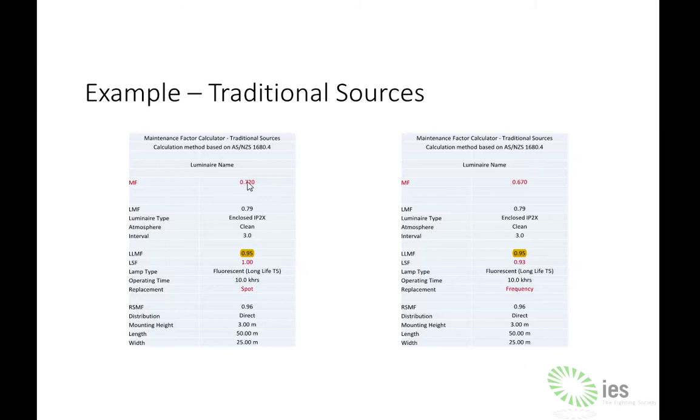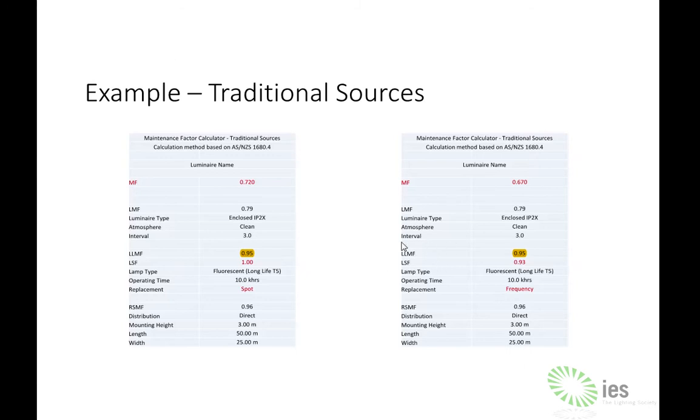You can see that our maintenance factor is between 0.72 and 0.67, depending on whether we use spot replacement or frequency replacement. Our LSF is really the thing that changes. Our LMF and our RSMF, and I'm going to get sick of saying them all night, stay exactly the same. You see that between 0.72 and 0.67, using this very typical fit out, we're all very familiar with how an open office would look, and those numbers were nothing extravagant. Hey, that's about the 0.7 that a lot of people quote when they talk about fluorescent, right there.